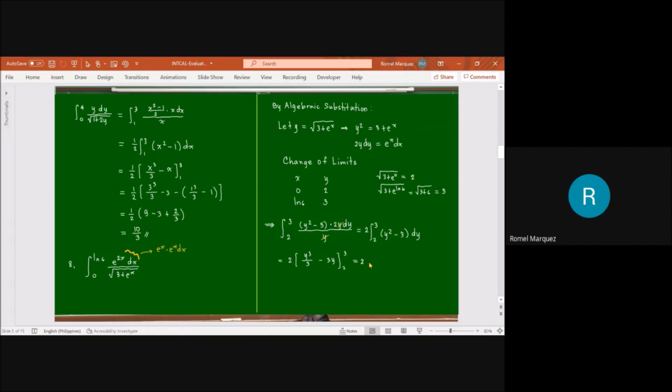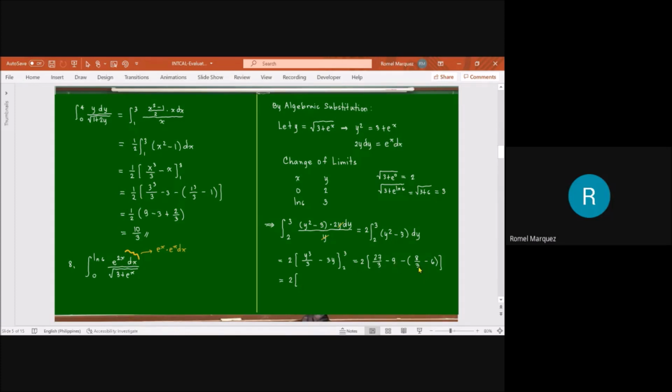And this is equal to 2 times, we have 27 over 3 minus 3 times 3, 9, minus, this is 8 over 3, then minus 3 times 2, that is 6. As you become familiar, you can omit some steps. You can sometimes evaluate directly. So we now have 2 times, what is this equal to? This is 9 minus 9, 0.